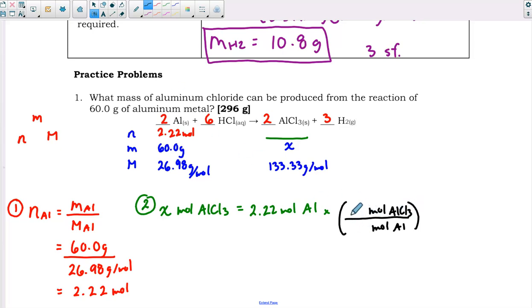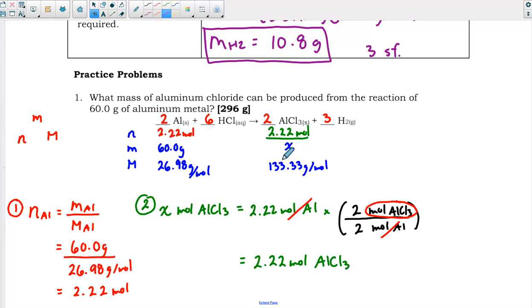So now to fill in these values, let's take a look at our balanced chemical equation. For aluminum, we have the value of 2. For AlCl3, we have the coefficient of 2 as well. We know we did this correctly because these moles of aluminum will cancel with these moles, and we're left with moles of AlCl3. When you do this calculation, you will get, again, the same thing of 2.22 moles of AlCl3. So here we have our number of moles.